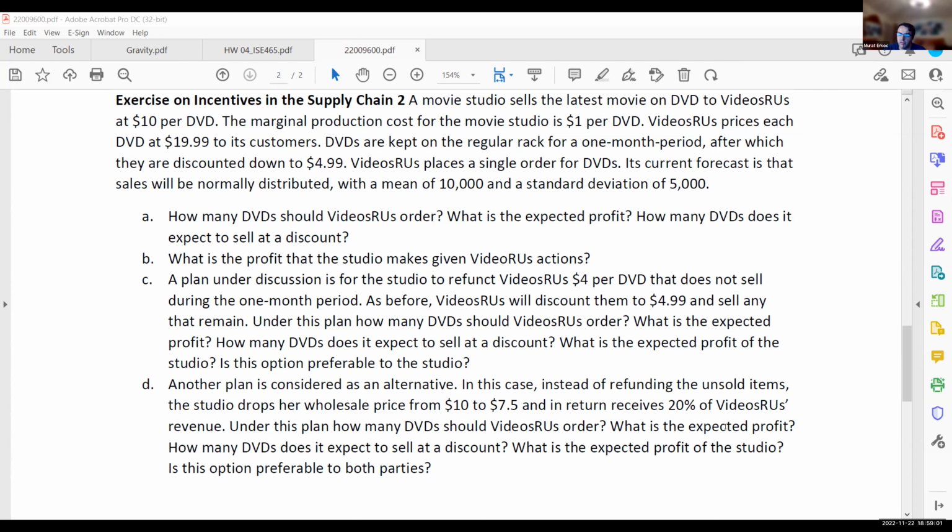Then Videos R Us can still sell the item at the discounted $4.99, which means in total the salvage value is going to be $8.99 for the retailer. That's basically the bottom line. So this is another buyback contract. Let's now switch back to the iPad and tackle this part of the question.